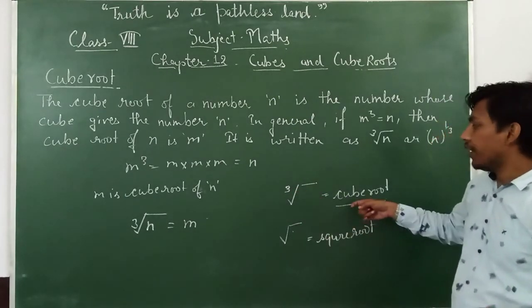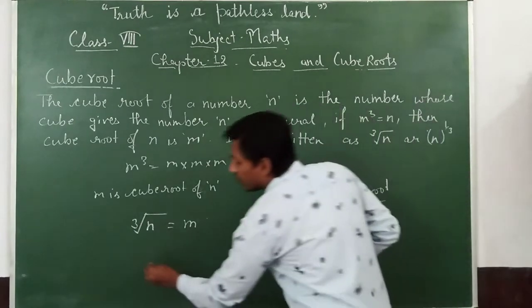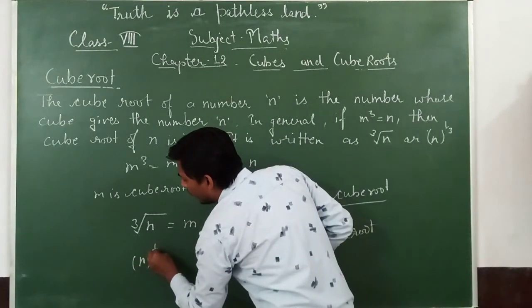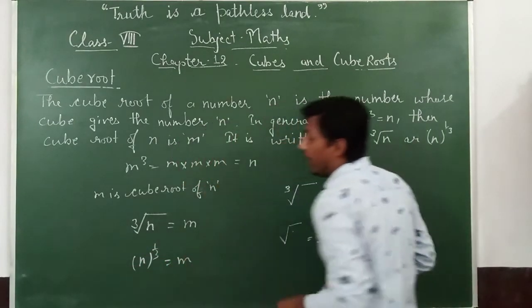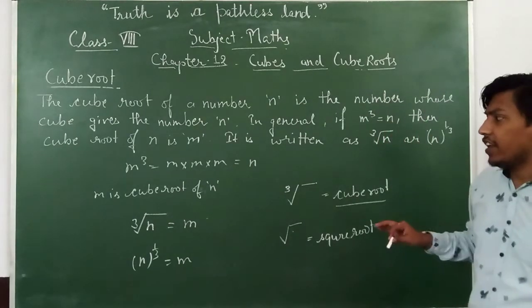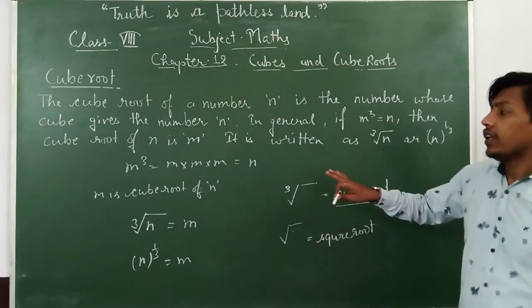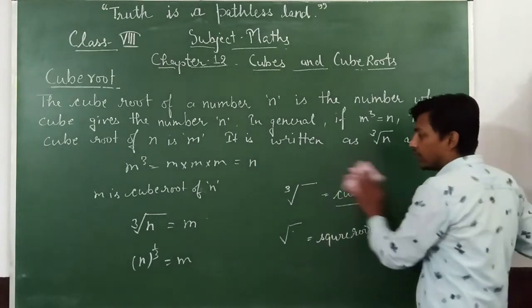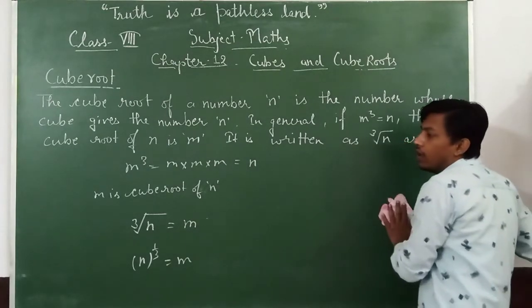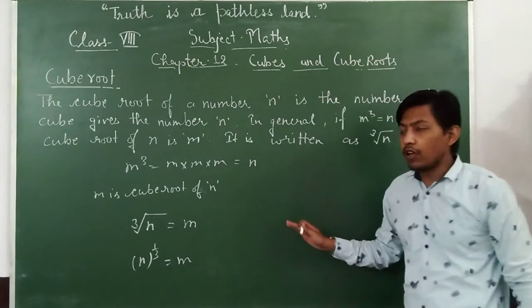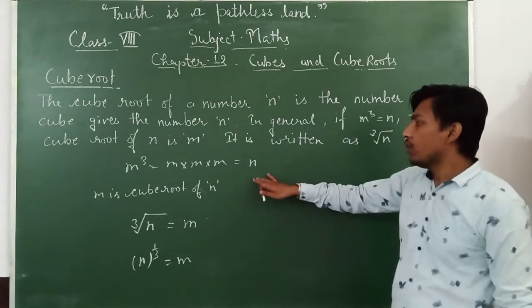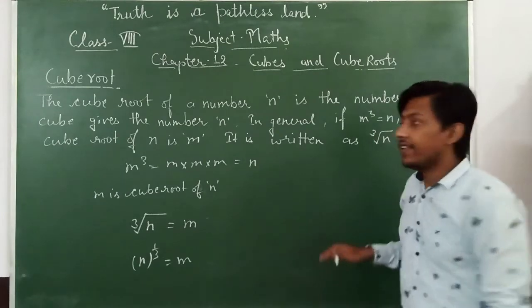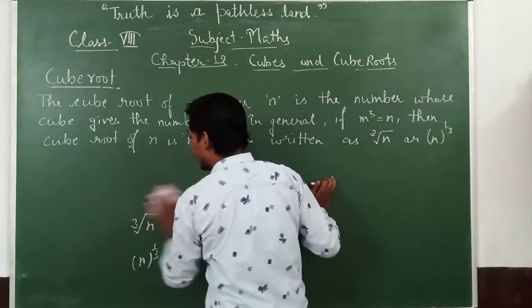It is also written as n raised to the power 1 by 3 equals m. That means if a number is multiplied three times by itself and we obtain its cube, then in the reverse process we get the cube root of that number. Let's take an example.